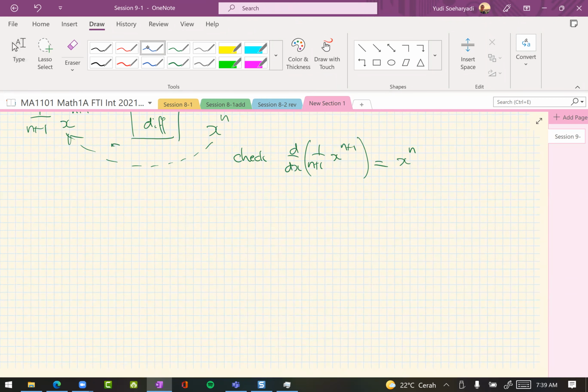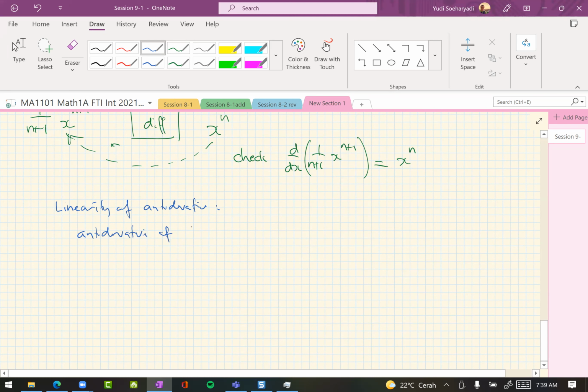So you also have what we call linearity. If you find the antiderivative of f plus g, for example, it is F plus G, where capital F is the antiderivative of f and capital G is the antiderivative of g.